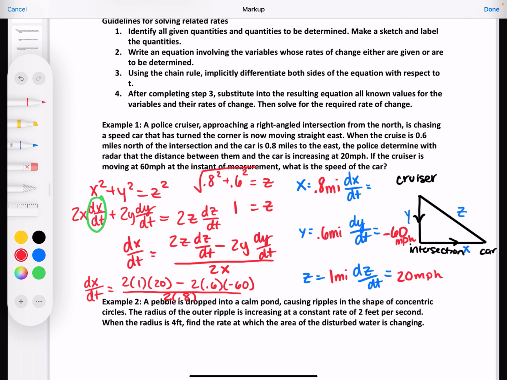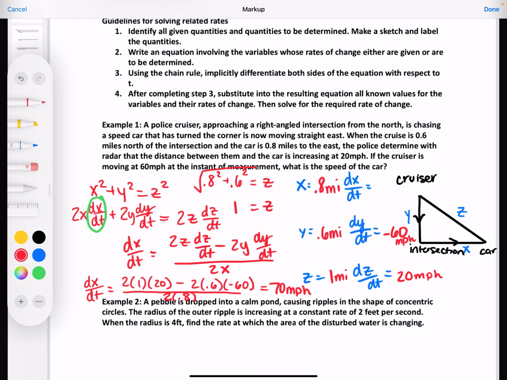And then in theory, assuming that I've done it correctly, that should be 70 miles per hour. Those are multiplied by each other. Like the dz dt, that's 2z dz dt. So 2 times the z value, which is 1, and then dz dt was 20.